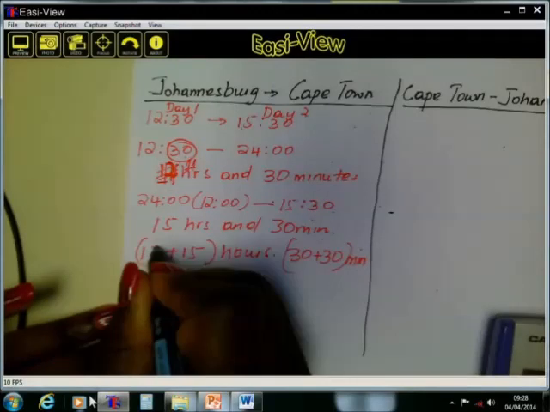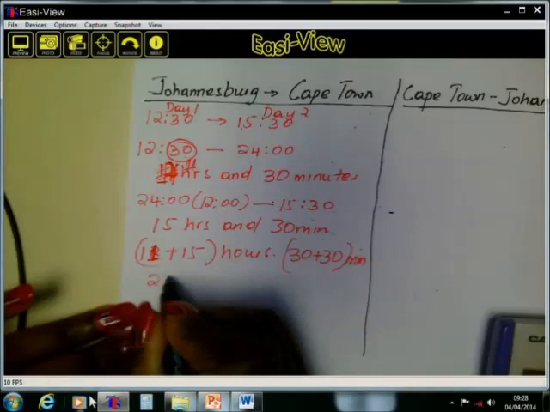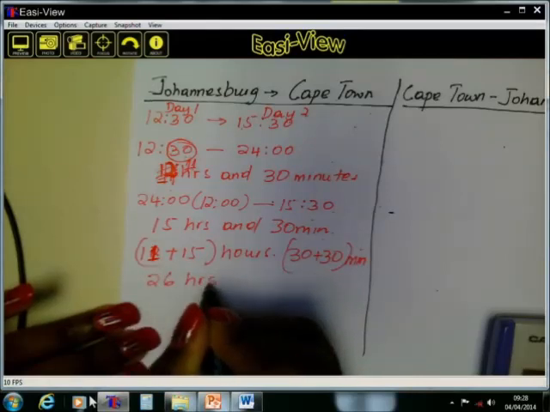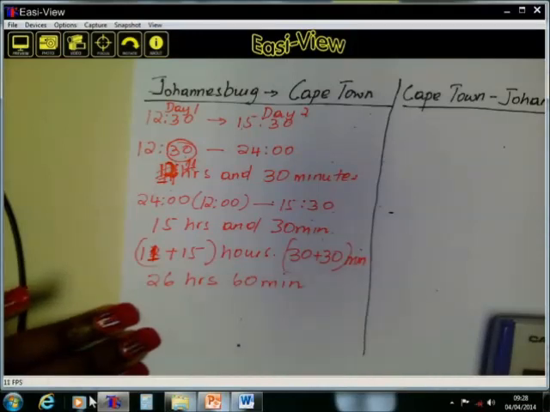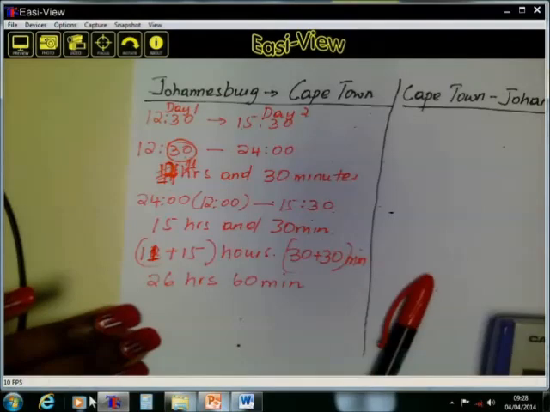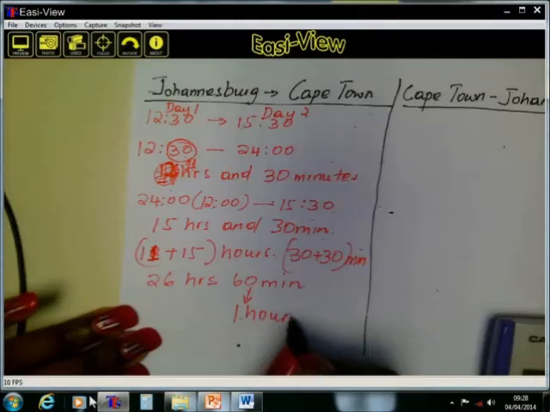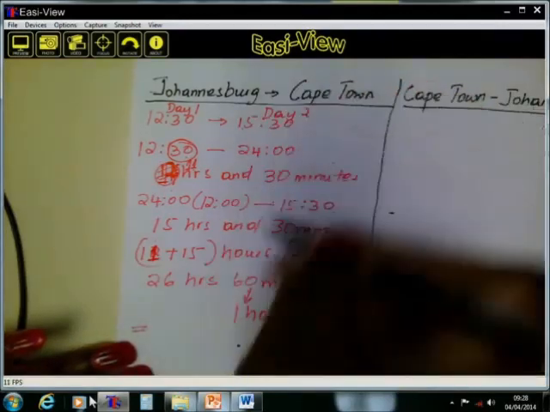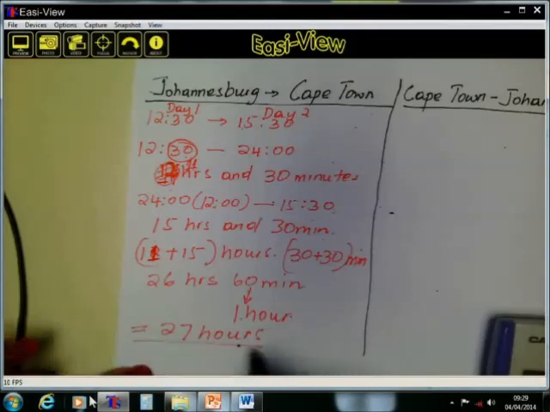So here we will be adding 11 plus 15, which will give us 26 hours and 60 minutes. That is the time elapsed. But we are not done. Remember, we said 60 minutes is equal to 1 hour. So from Johannesburg to Cape Town, it takes the Shosholoza mail train 27 hours. That will be the first one.